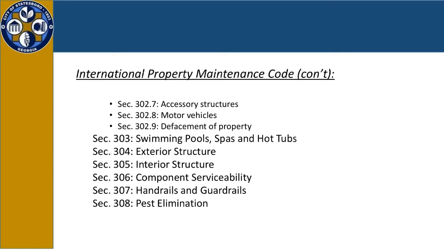So you get the sense of the details that are addressed in this code. And then other sections in chapter 3 include a section on swimming pools, spas, and hot tubs, and then exterior structures, interior structures, component serviceability, handrails and guardrails, and then the last section, 308, pest elimination.